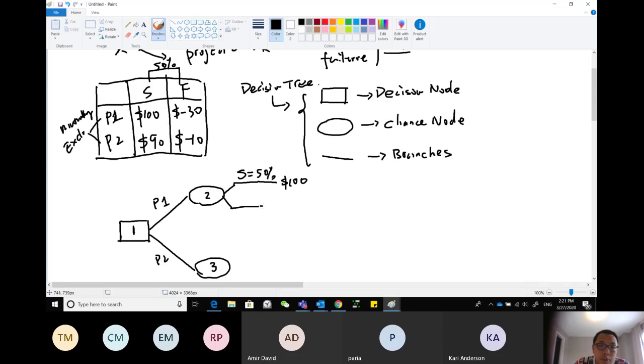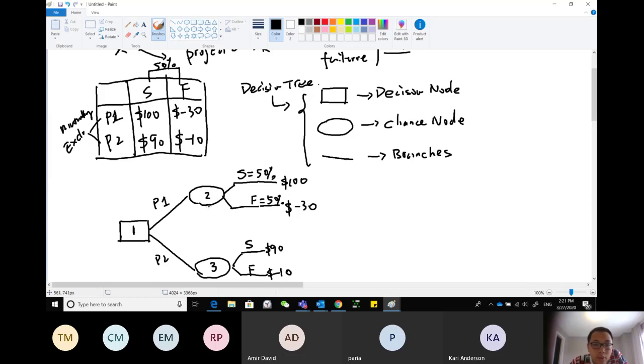And then if it's a failure, we'll lose $30, right? Same thing for node 3, right? So 50% of chance is success, 50% of chance is failure. So that's going to be $90 and lose $10 here. Okay.